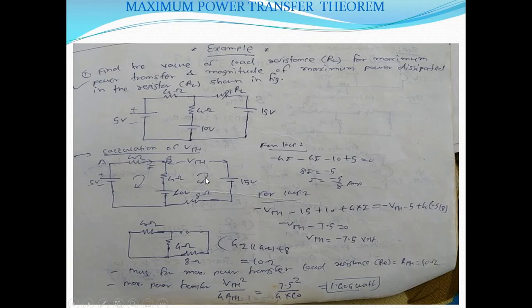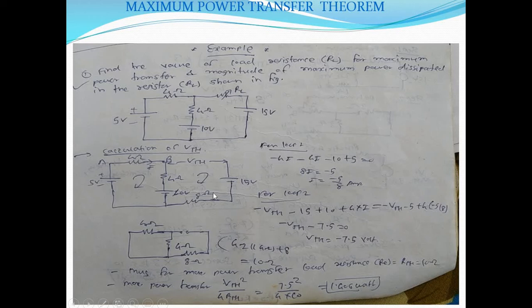Now for loop 2, if we apply KVL, we'll start from here. Since we are going in this direction for the considered loop, we are going from positive to negative. So minus Vth. Here we are coming in the downward direction from positive to negative. So minus 15.